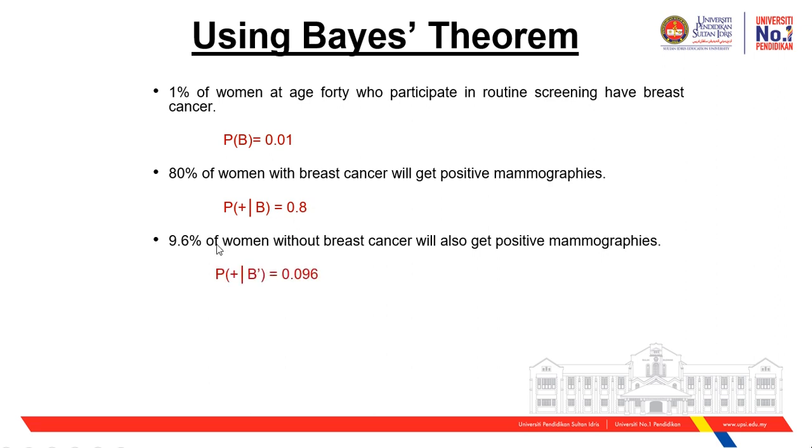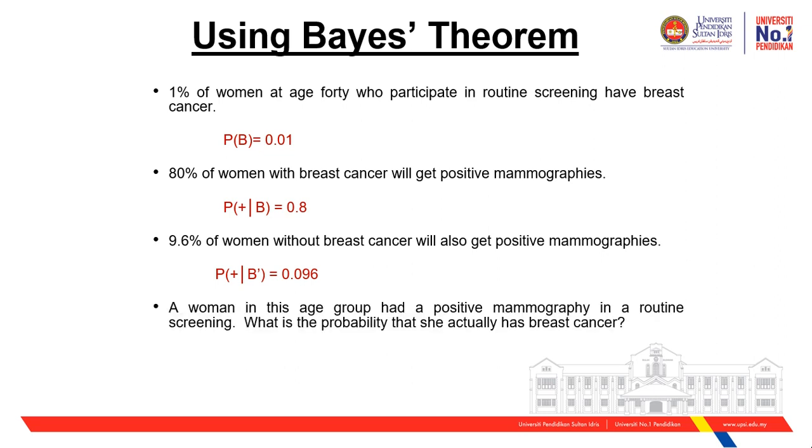And then 9.6% of women without breast cancer will also get a positive mammography: the probability of positive given B prime, which represents without breast cancer, is 0.096. When you are using Bayes theorem, you basically use probabilities from 0 to 1. Remember in the first chapter we learned that all probabilities must be between 0 and 1.